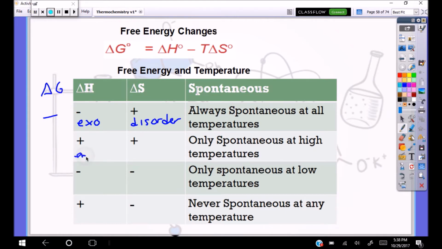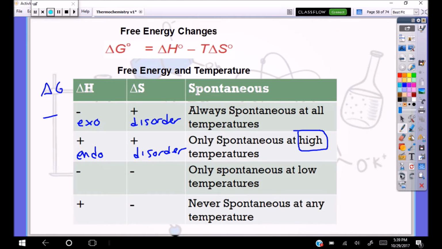When we have endothermic reactions but they still create disorder, this is dependent on a high temperature. If you could have a really large positive number here, if we have a high temperature times our positive entropy, then it will be more negative.